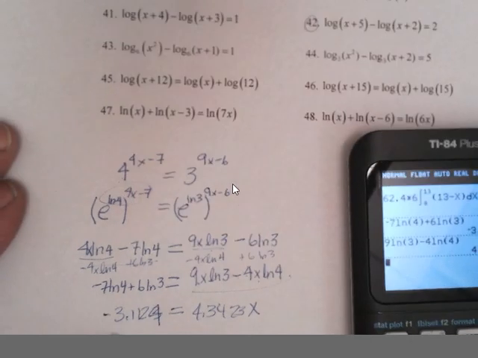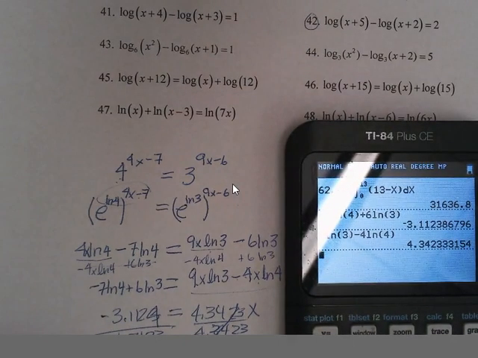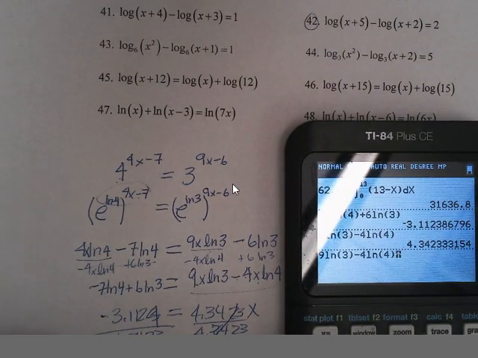x, so I've just got to divide this by 4.3423. And I find that x is equal to that whole thing divided by, oh, I better put parentheses around it.